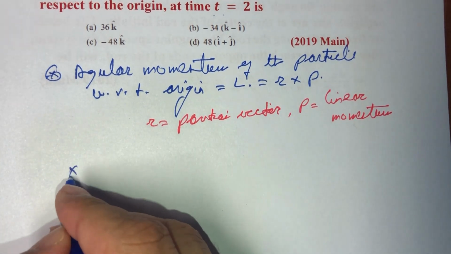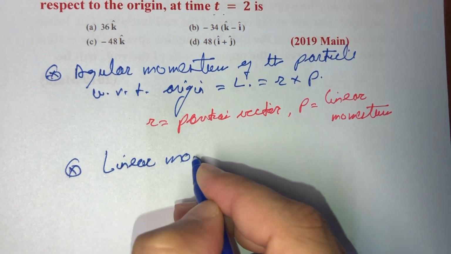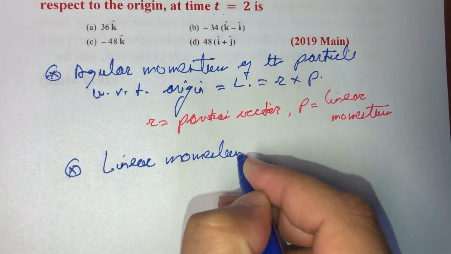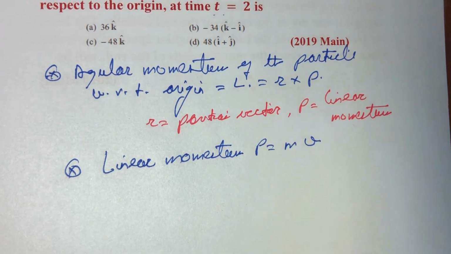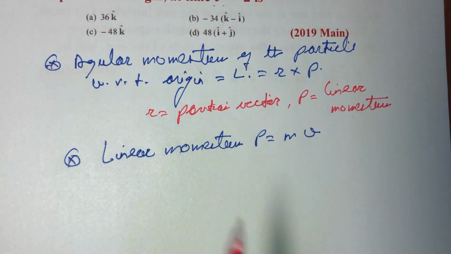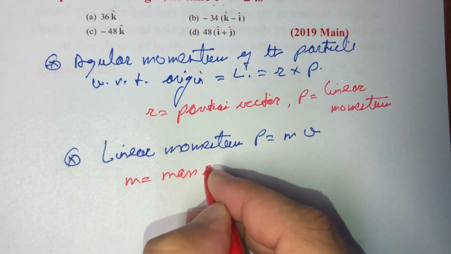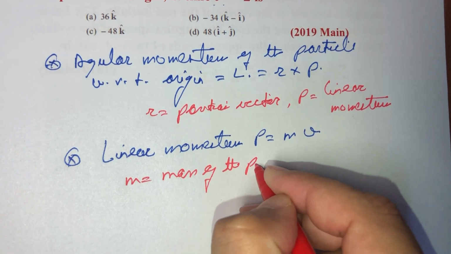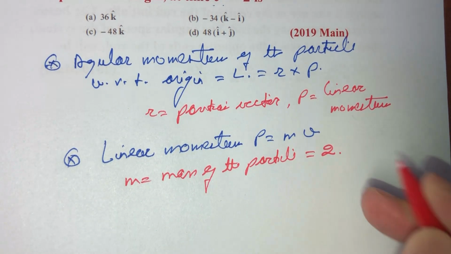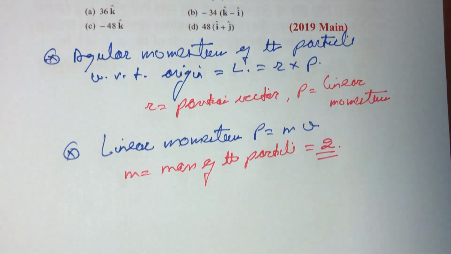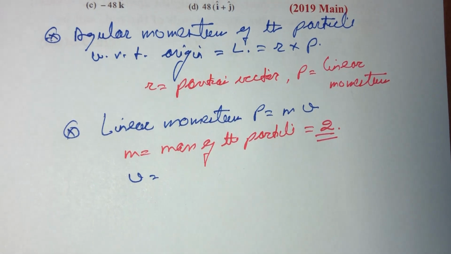We can say that linear momentum P is given as m into v, where m is the mass of the particle, which is given as 2, and v is the velocity of the particle.